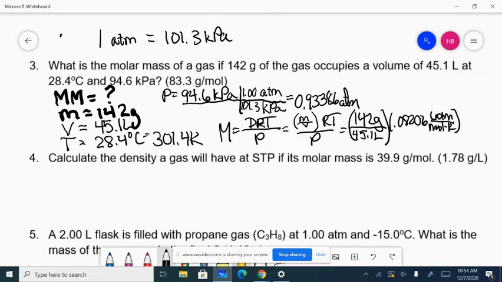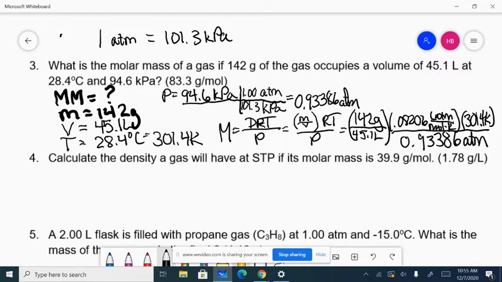And T is 301.4. And P is 0.93386 atmospheres.